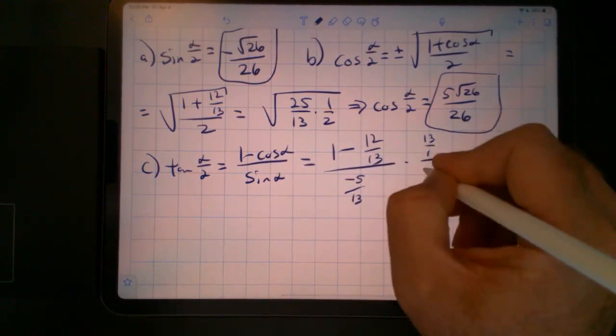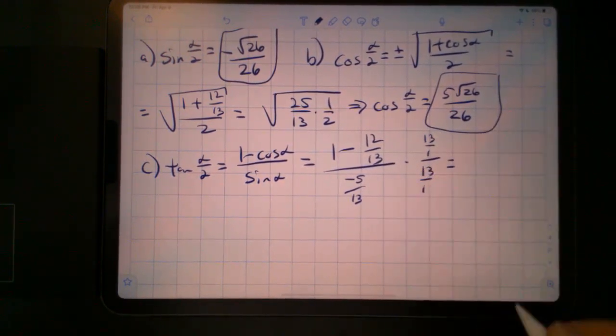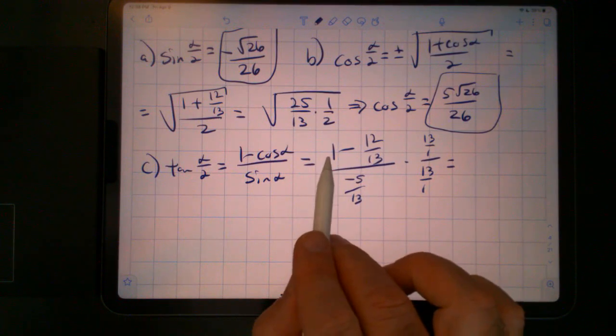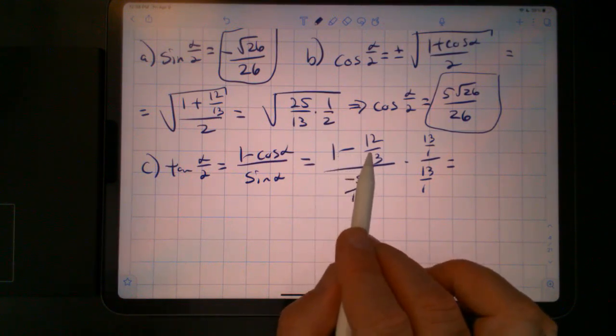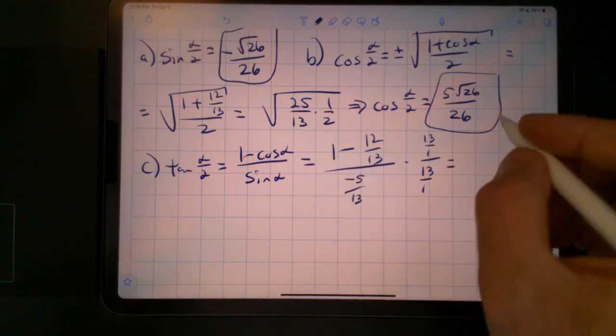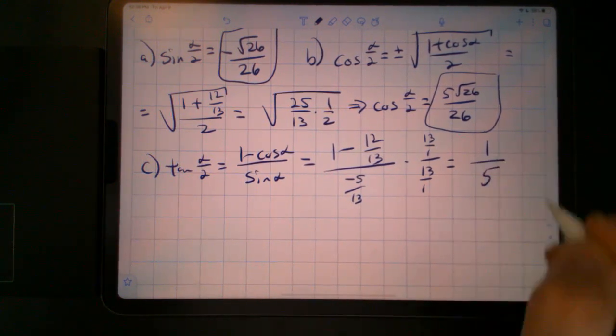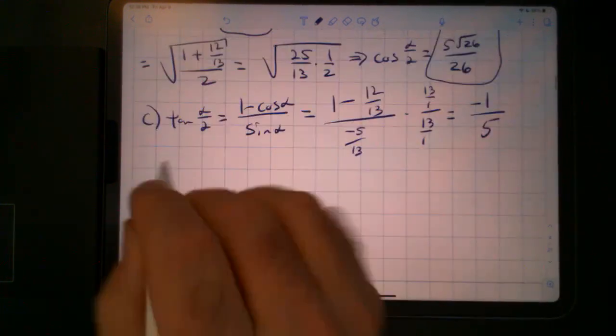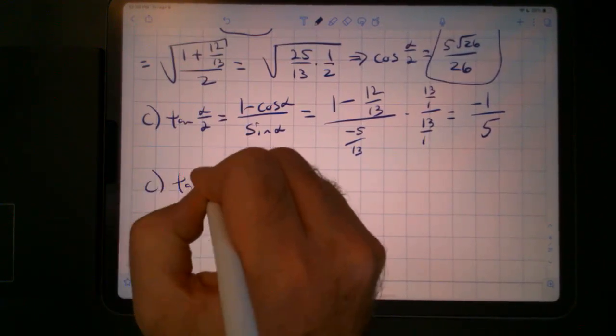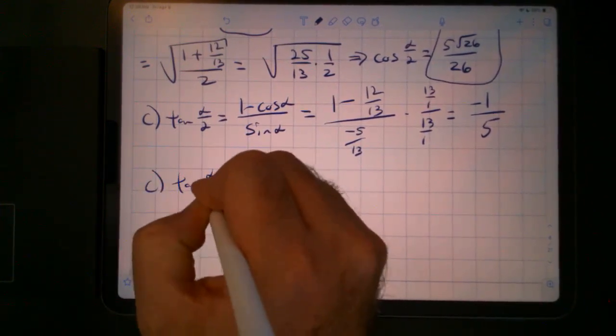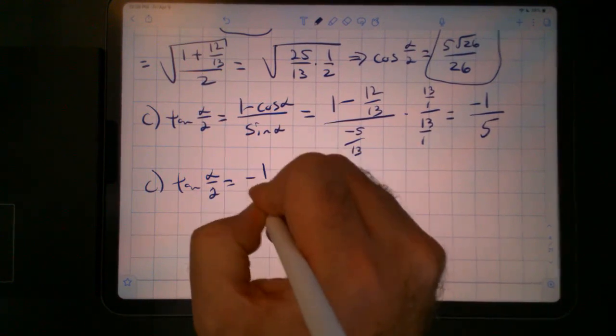Multiply this by 13 over 13, and we get 13 minus 12, which is 1 in the numerator, over 5 in the denominator, and this will be a negative. So tangent alpha over 2 is equal to negative 1 over 5.